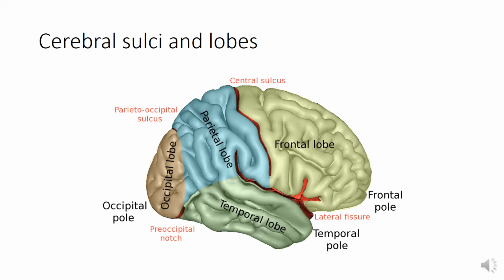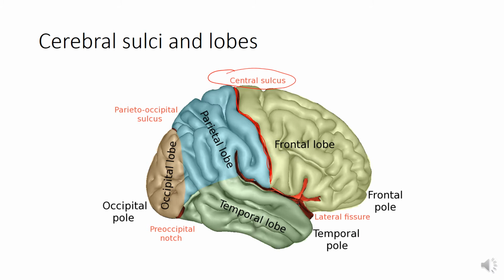Now some of the sulci are very deep and they divide the cerebral hemisphere into lobes. One is the central sulcus running on the superolateral surface. Here you can see this is the central sulcus.